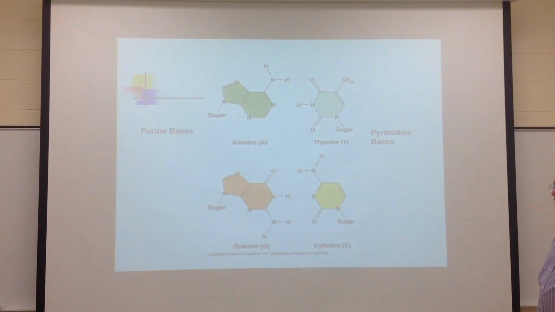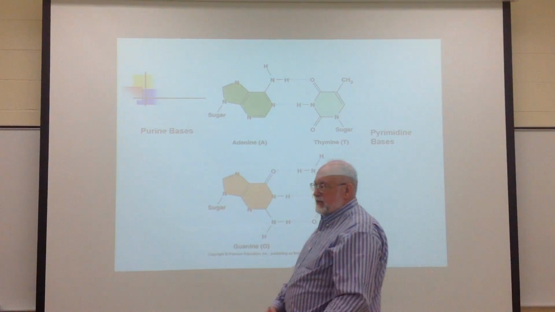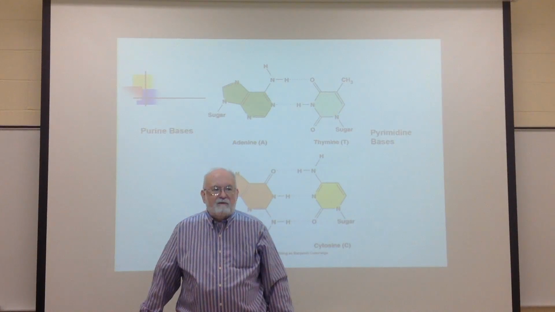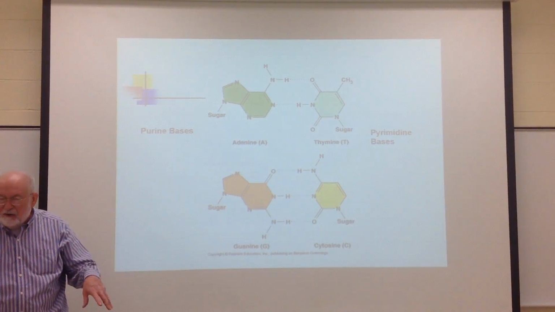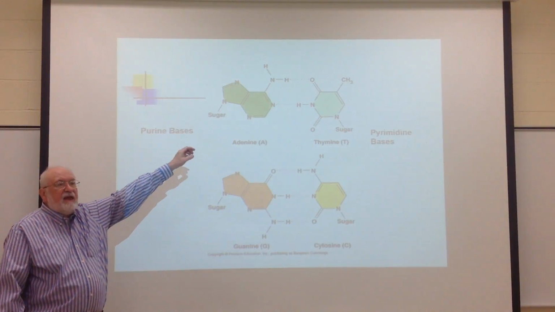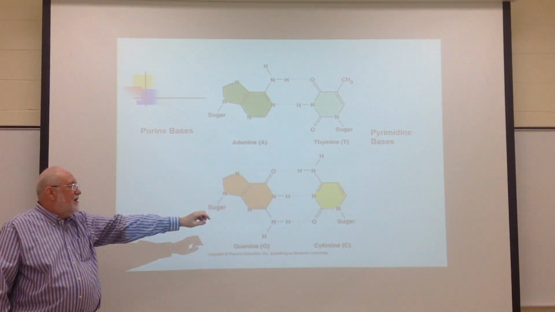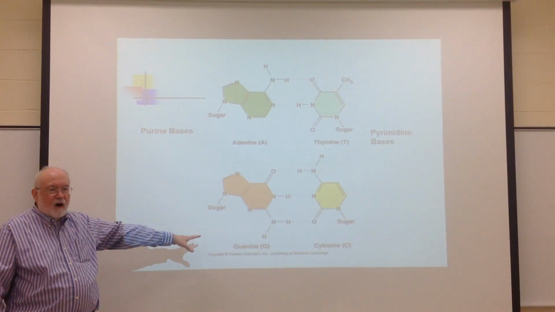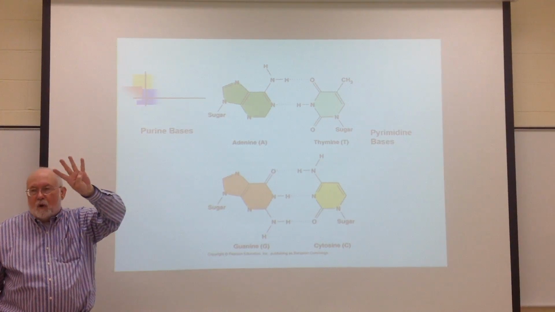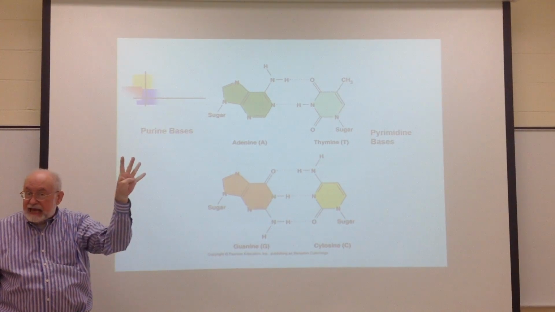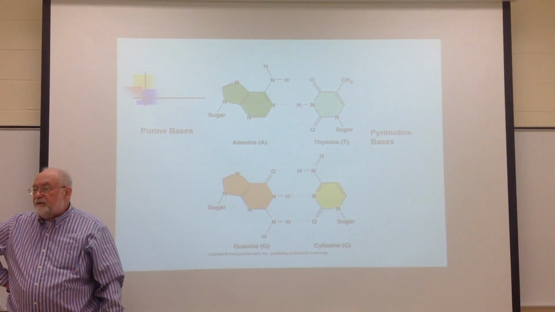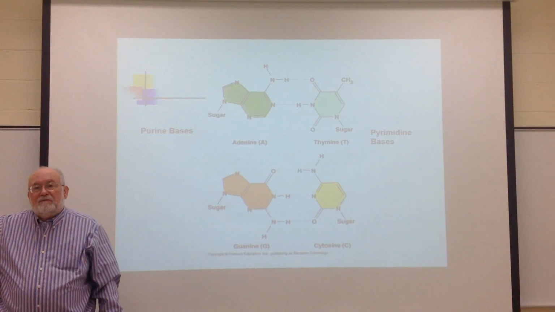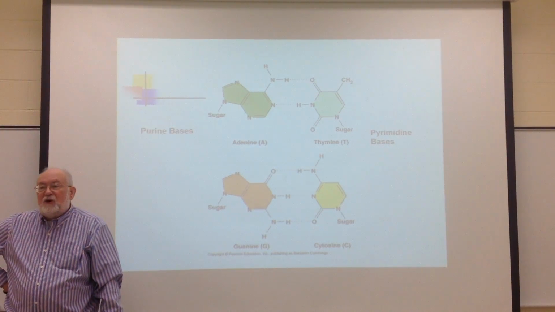So, if it's a DNA nucleotide, you'll have deoxyribose and phosphate, and then either an adenine, a thymine, a cytosine, or a guanine. There are just 4 nucleotides. That's it for DNA. So the only difference between the DNA in a rabbit and you is the sequence in which you put those things together.